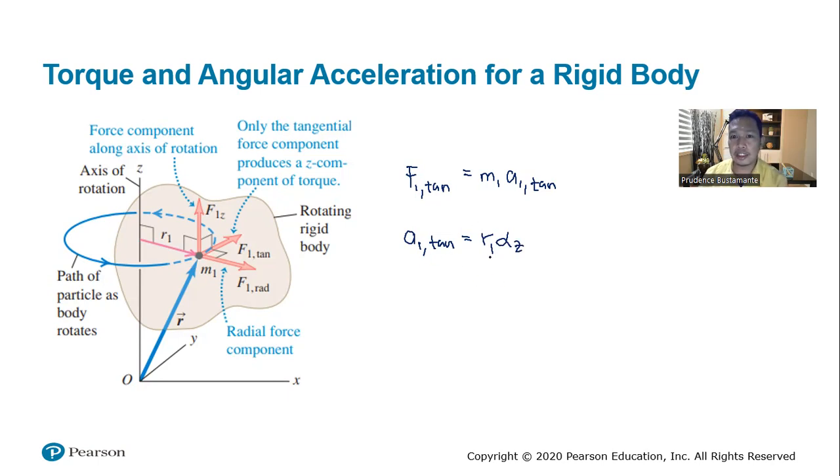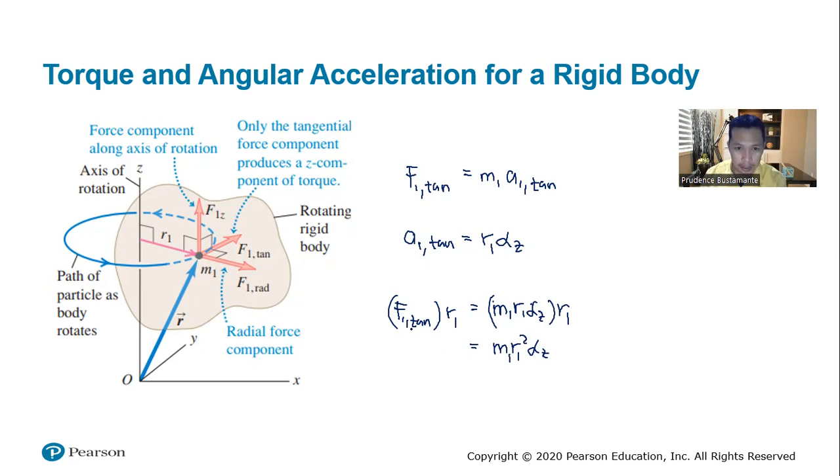If we multiply both sides of this equation by r1, we have F tangential times r1 on one side, and on the other side m1 r1 alpha z times r1, which becomes m1 r1 squared alpha z.